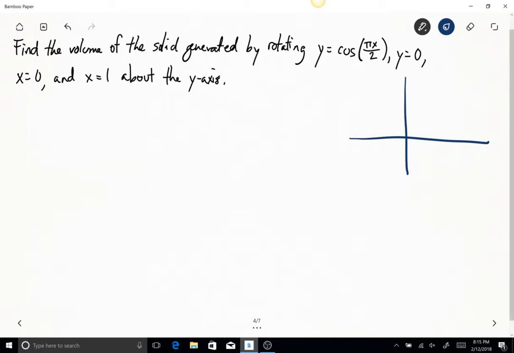If you start at 0, you plug it in, you get 1. So you start with some value up here, that's 1 right there. And when you plug in x equals 1, you've basically cut down the period, and you get cosine of pi over 2, which goes to 0. So you get a curve that looks like that.